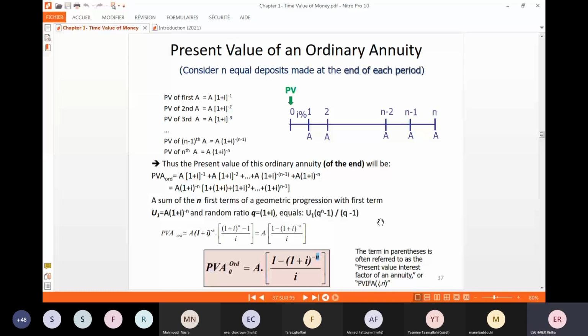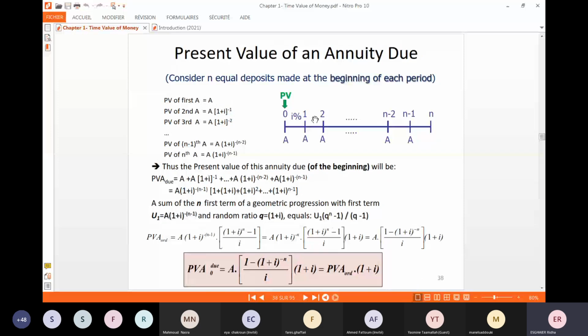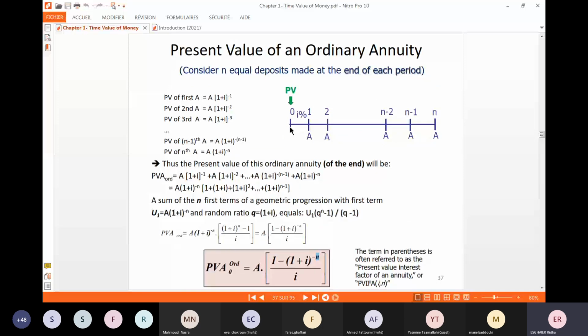We can do the same thing, the same logic. Since the first deposit is made today, we don't need to discount it. Its value today is equal to A, not A times 1 plus i power minus 1, like in this case. So we will have an additional year of interest that we are saving.